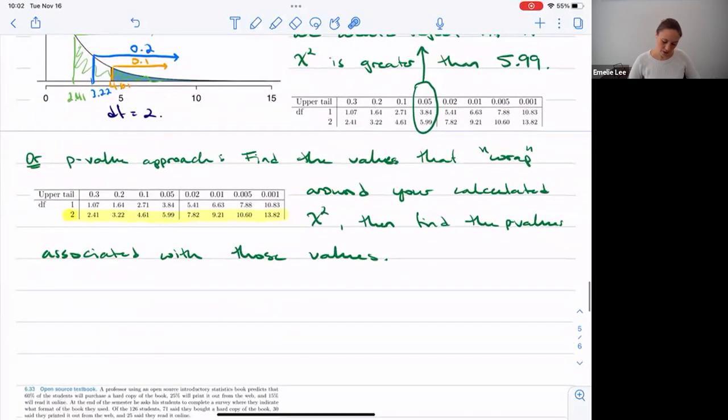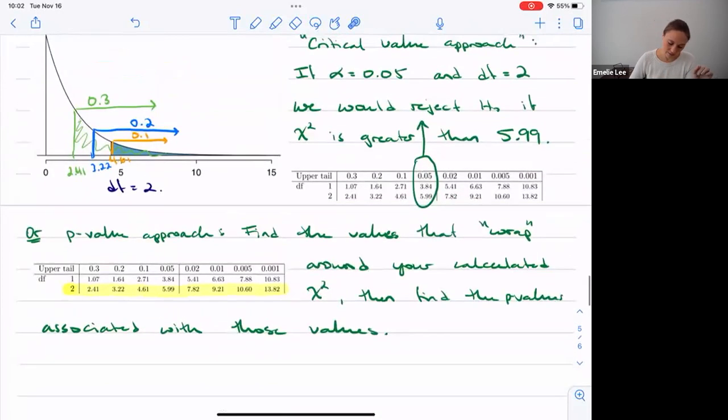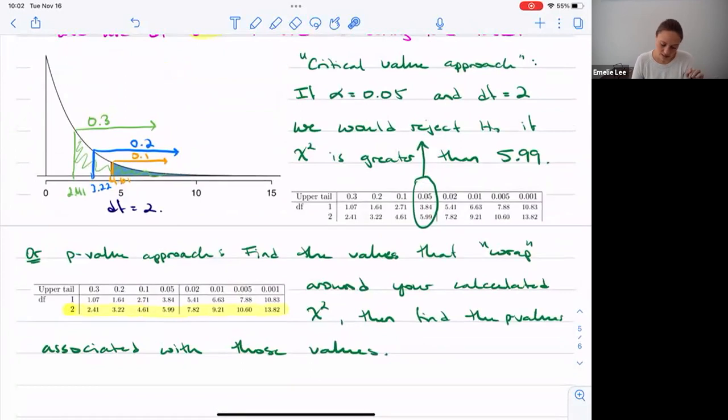So the conclusion stays the same. That's what's really nice about hypothesis testing, is that once you have a p-value, or in this case, if you have a chi-squared that's greater than your 5.99, in this case with 2 degrees of freedom, that would change if you have different degrees of freedom.